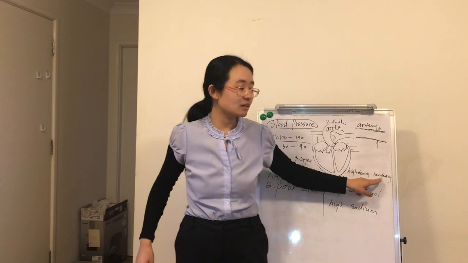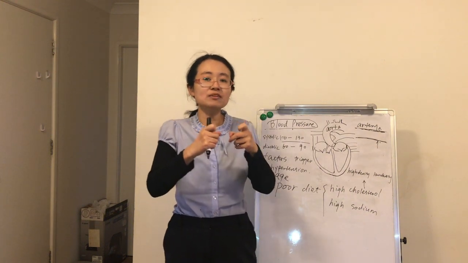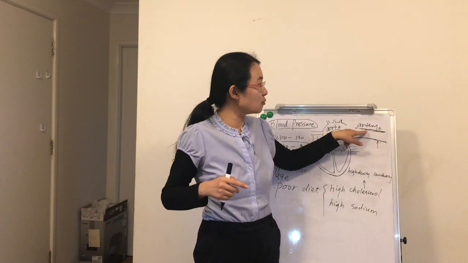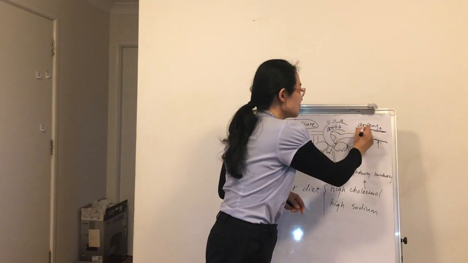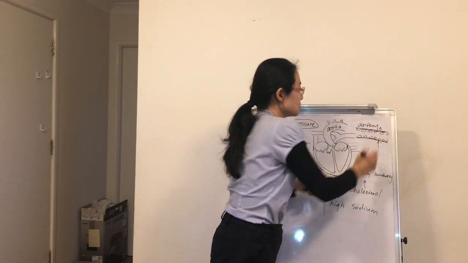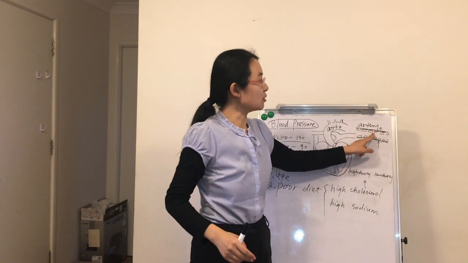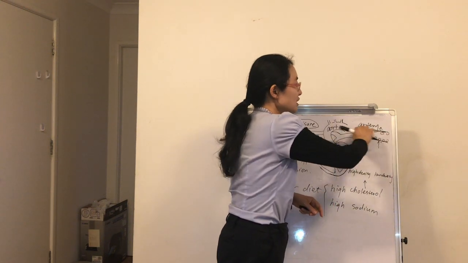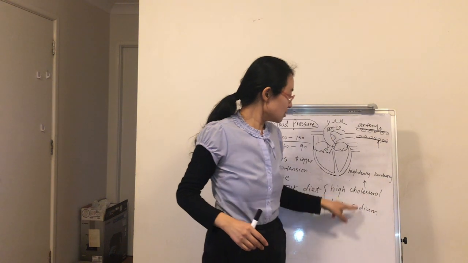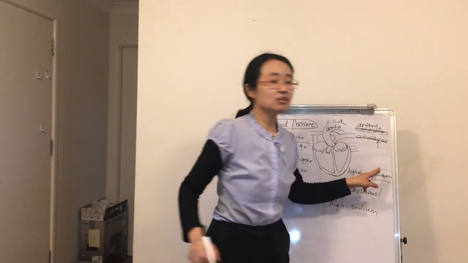When this bad cholesterol stays in the blood and accumulates, it could form plaque, and this plaque could stick onto your artery wall and make it narrowed and damaged. When it becomes narrowed, the blood pressure will then increase. Less blood is allowed to flow in, and the pressure will be very high. So low density cholesterol is really harmful.